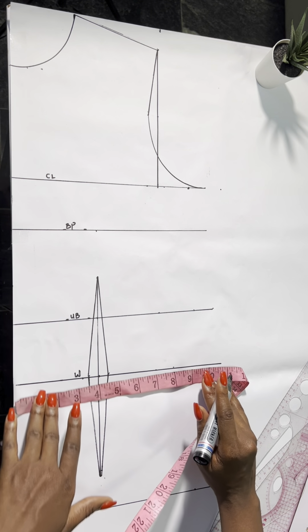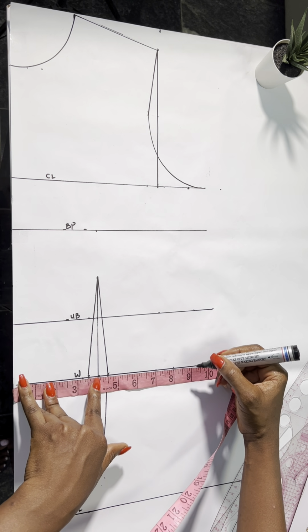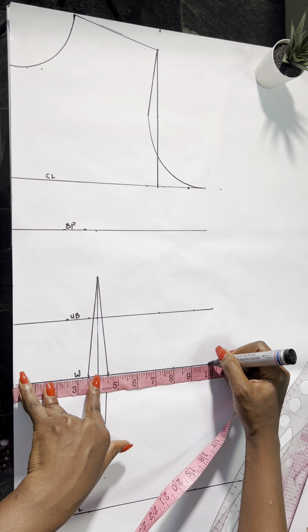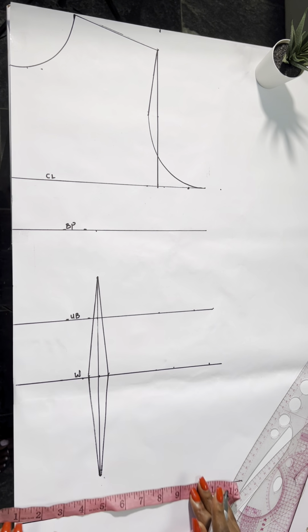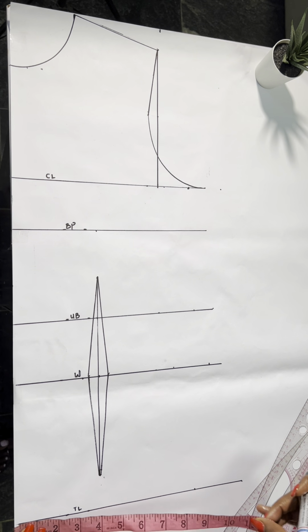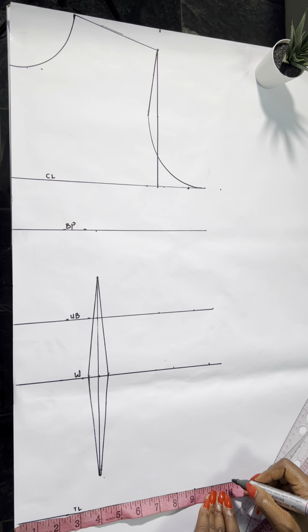Then at the waistline, we'll be marking 9 plus the 1 inch intake that we took, which will give us 10. For the top length, we'll be marking 11 inches.